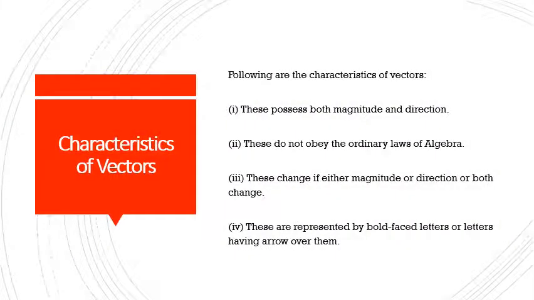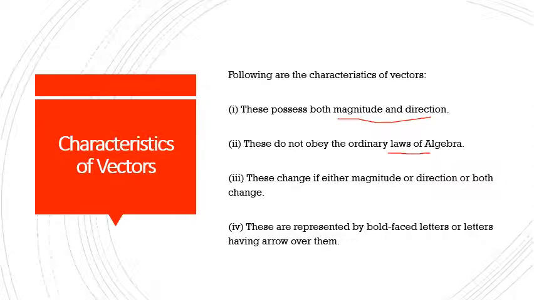Characteristics of vectors. So it has 4 characteristics. First characteristic is that these possess both magnitude and direction. Second characteristic is these do not obey the ordinary law of algebra.